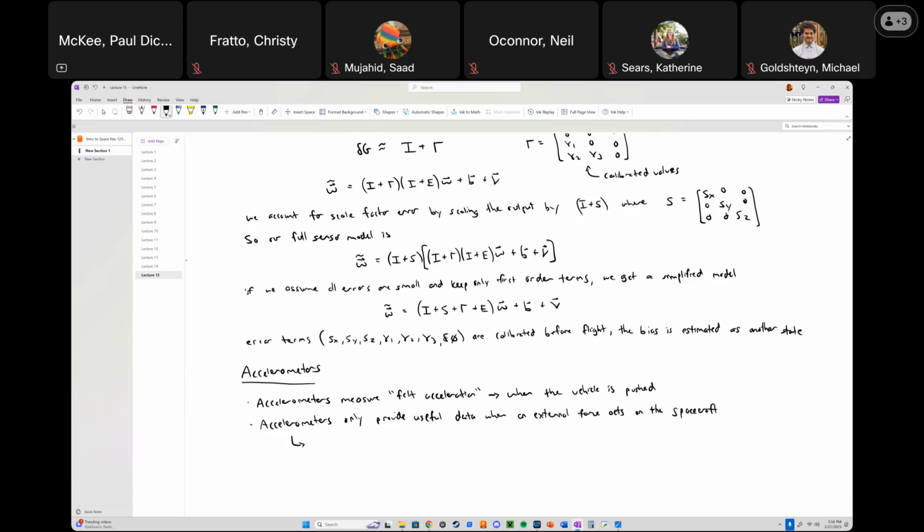Gravity is not an external force. It affects sensor and spacecraft together. So this is key. You cannot directly measure the gravitational field using an accelerometer if you are in free fall.